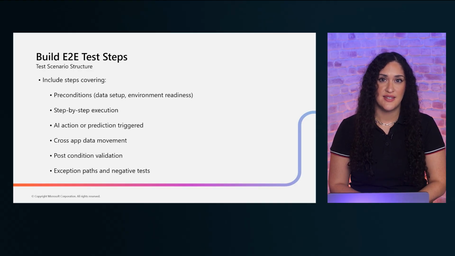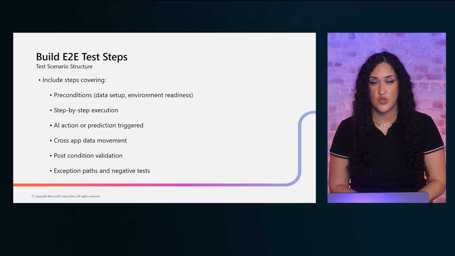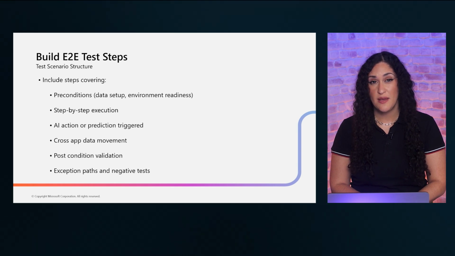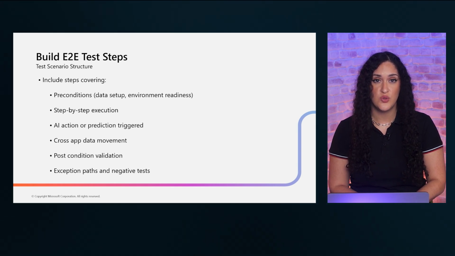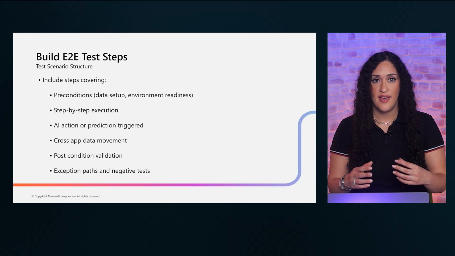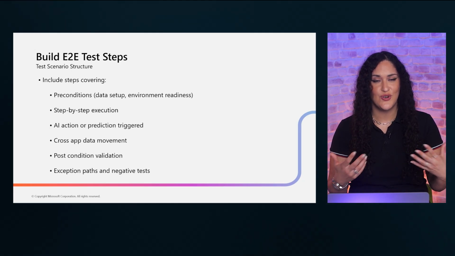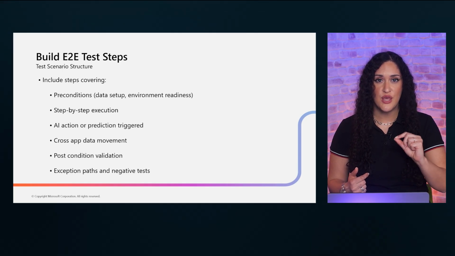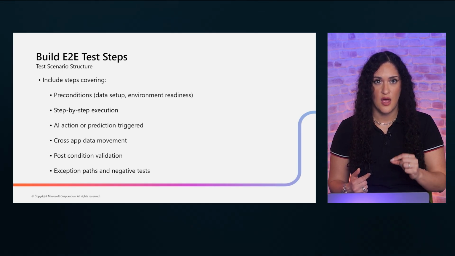Building end-to-end test steps requires a structured approach. Every test scenario should include preconditions, your data setup, and environment readiness. Then, step-by-step execution that follows the business workflow. The AI action or prediction that gets triggered along the way. Cross-app data movement to verify nothing gets lost or corrupted.